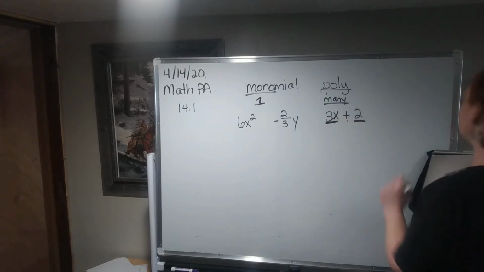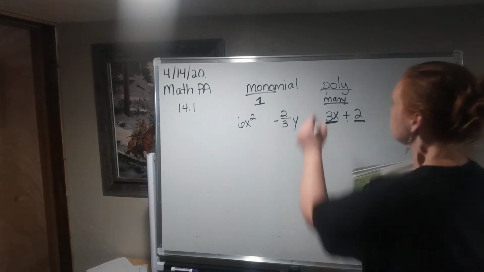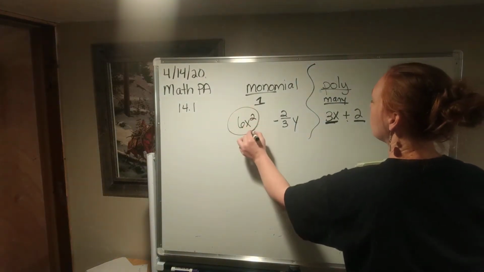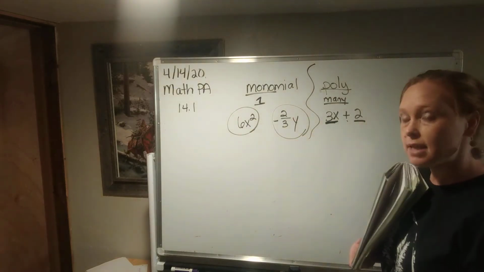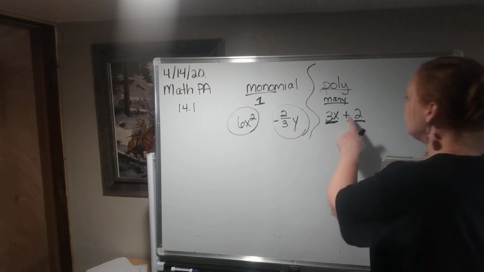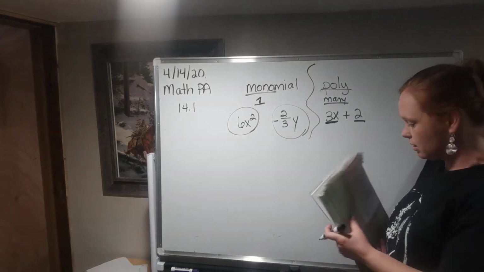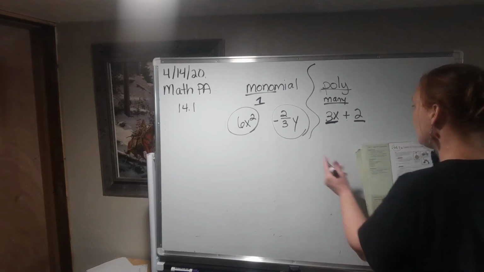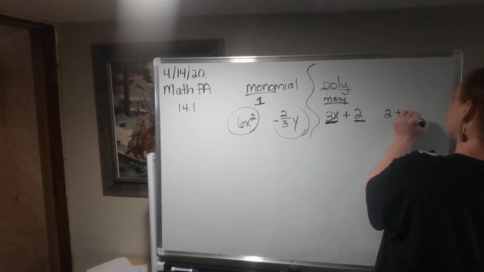Notice it's separated by this plus sign. Okay, so that's really important to notice. So monomials are just one, okay, not separated by a positive or negative. And this is really important to note as a part of your work, okay?